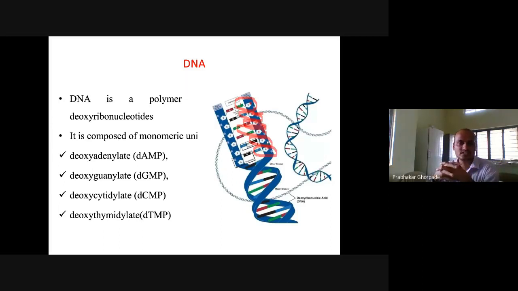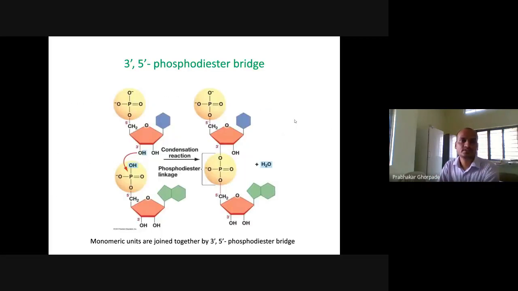So basically, if you see the DNA structure, it consists of monomeric units: deoxyadenylate, dAMP, deoxyguanylate, dGMP, deoxycytidylate, dCMP, deoxythymidylate, dTMP. So these nucleotides are present in our DNA molecule. 3 prime 5 prime phosphate bond.